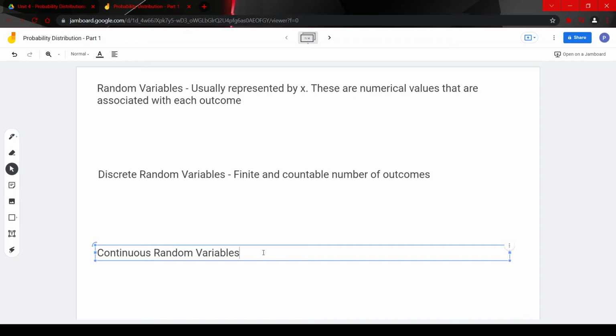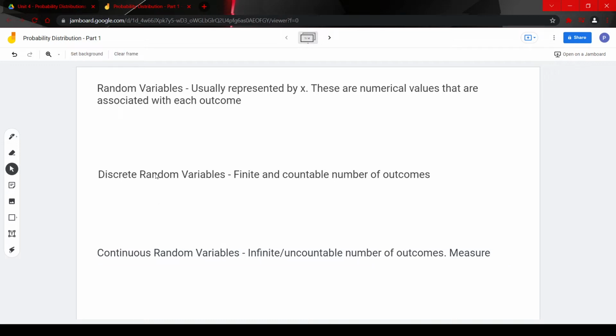On the other hand, continuous random variables have an infinite, uncountable number of outcomes, so we measure them. The key question when distinguishing between discrete and continuous is whether you're counting these things or measuring these things.